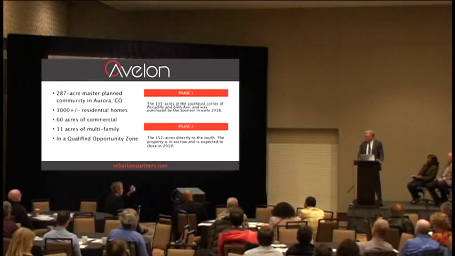They'll be at a price point of $250 to $450 for base price of housing. There'll be different prices, different products, about 6 or 7 products. There'll be at least 4 different builders building the product. There's 60 acres of commercial, which we are very excited about. 11 acres of multifamily. This is an older slide. There may not be that much multifamily.